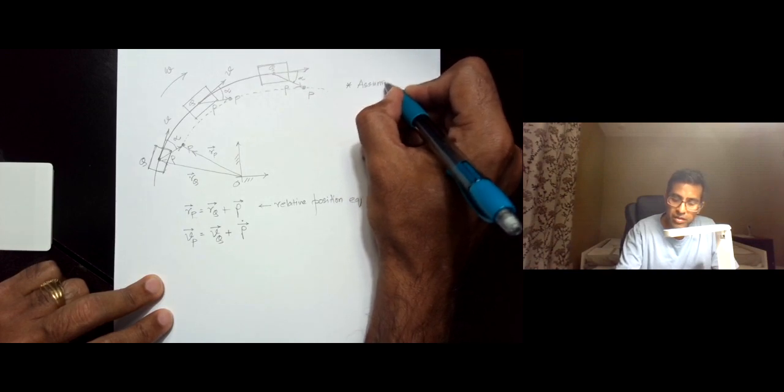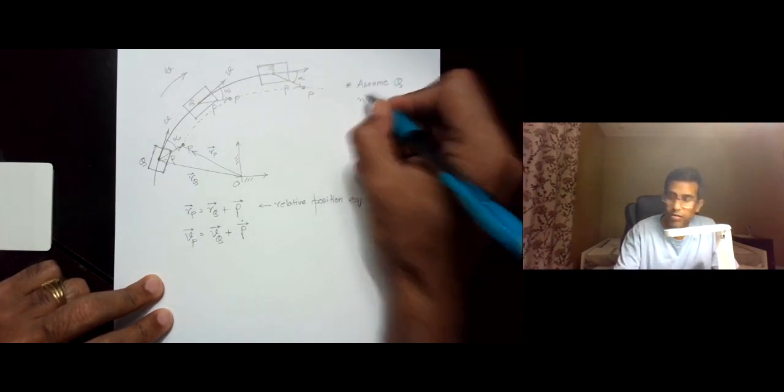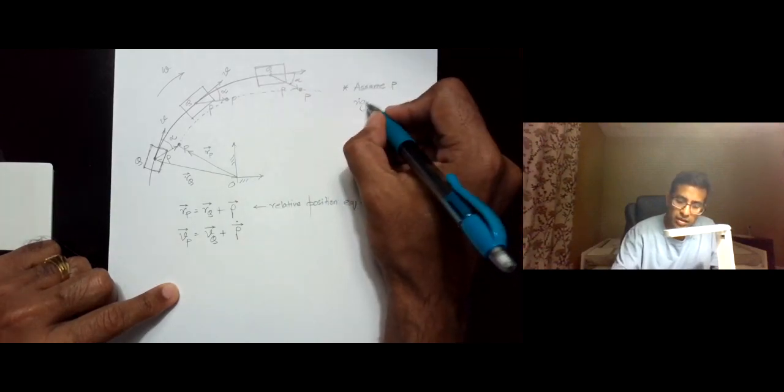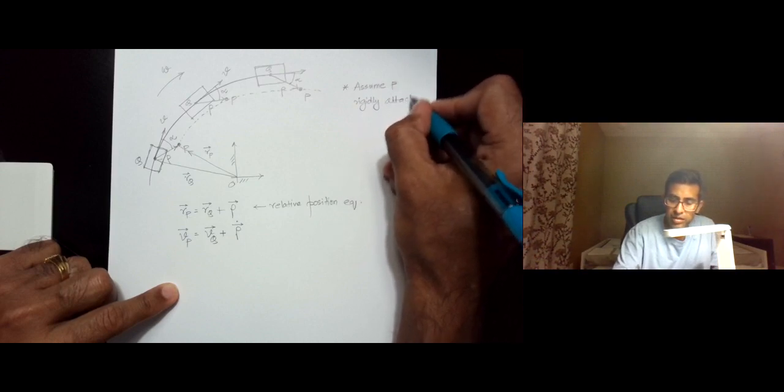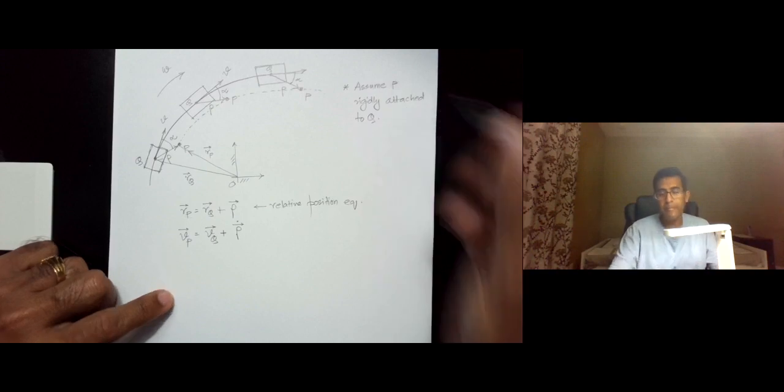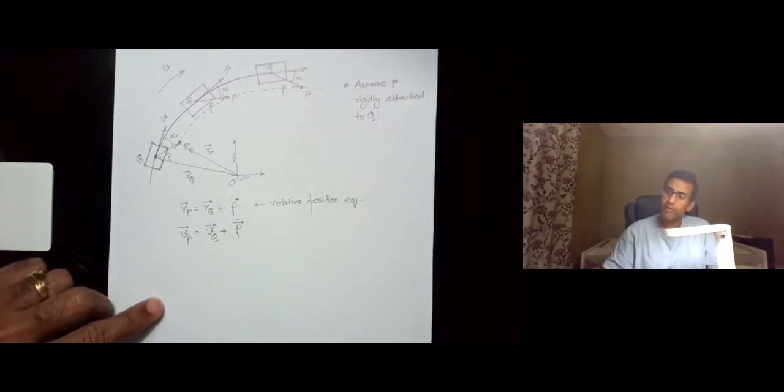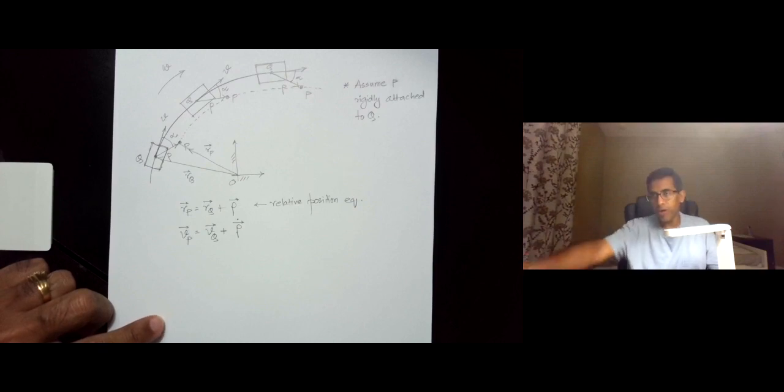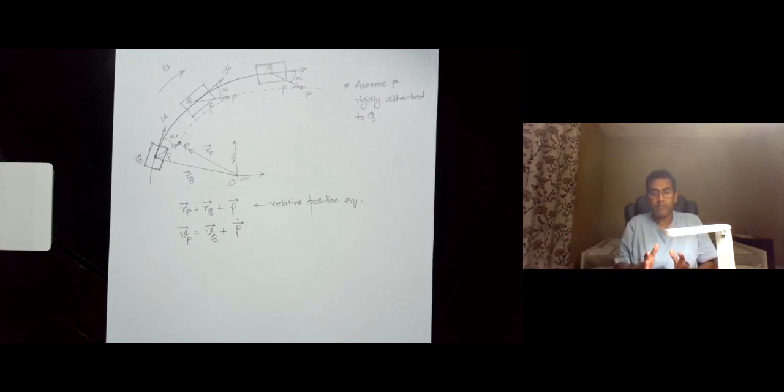Assume P is rigidly attached to Q. So in other words, if you take that example of the volume knob on your dashboard, with respect to where you are sitting, that knob is not only at a constant distance, it is almost rigidly attached.